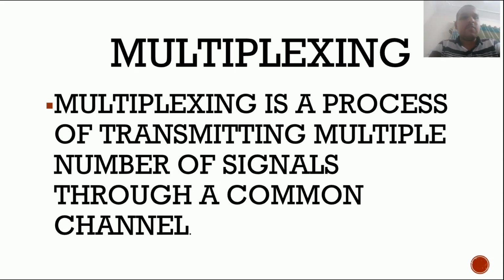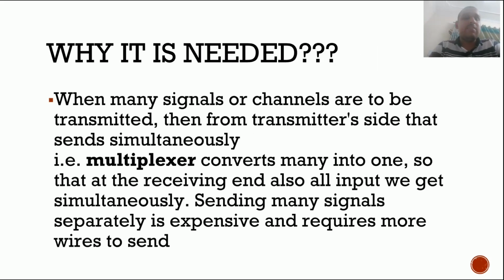Multiplexing is a process of transmitting multiple signals through a common channel. And why is it needed? When many signals or channels are to be transmitted simultaneously from the transmitter side, the multiplexer converts many into one, so that at the receiving end we also get all the inputs simultaneously. Sending many signals separately is expensive and requires more wires.